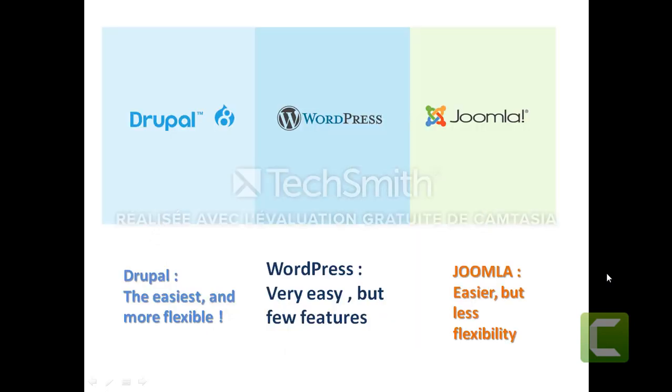Now we're going to take for this example three worldwide known CMSs: Drupal, WordPress, and Joomla. Starting with WordPress, WordPress is known as being very easy to use, very flexible to use, but it only offers you few features, which is not helpful if you want to build a really strong website or a really creative, different, unique website.